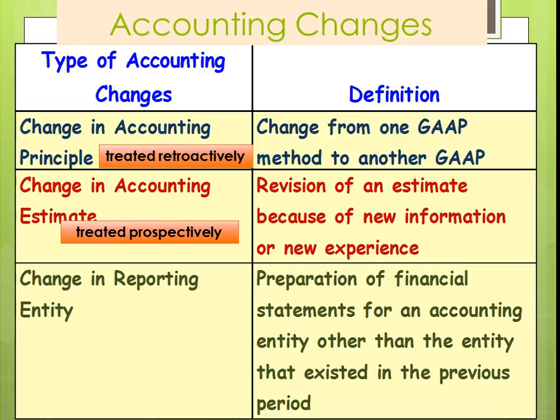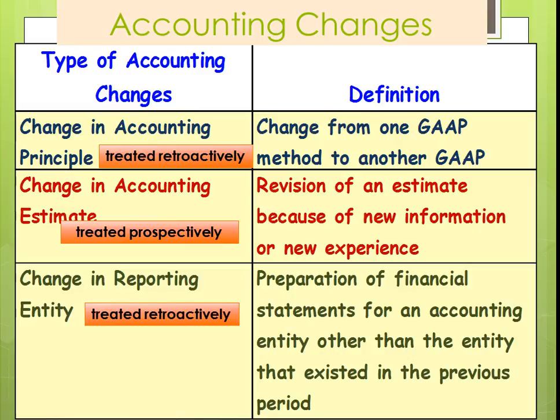If we go from owning less than 20% to more than 20%, we have to adjust the investment account. If we go from 50% to more than 50%, we have to do consolidated financials. And to do that, we have to go back and restate prior years so that there can be comparisons. This is always treated retroactively.